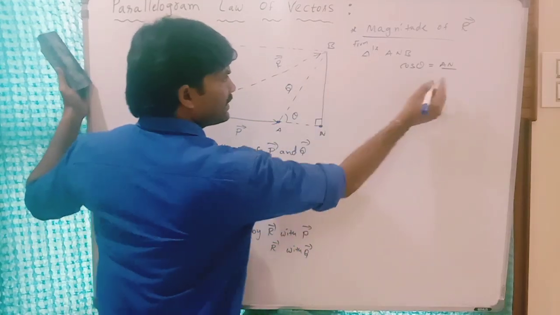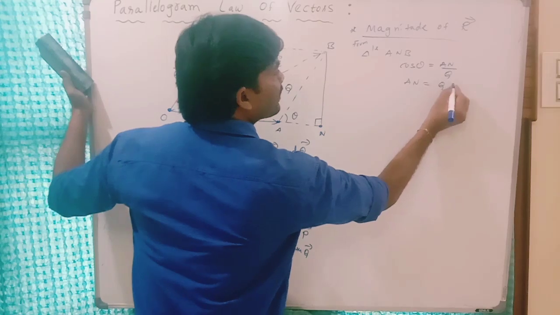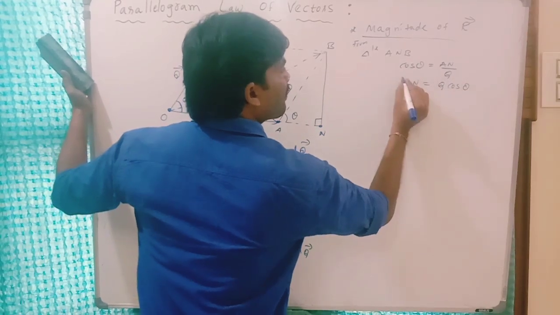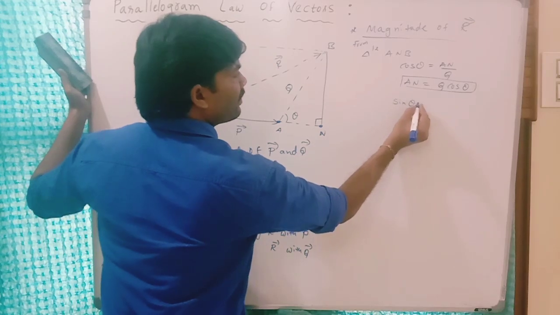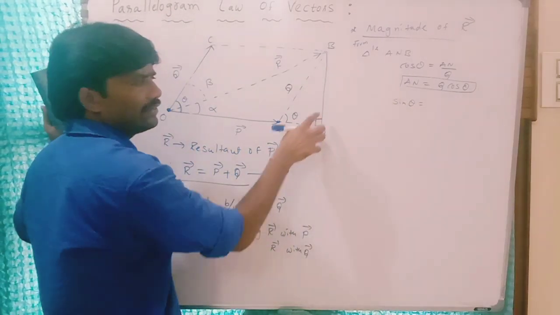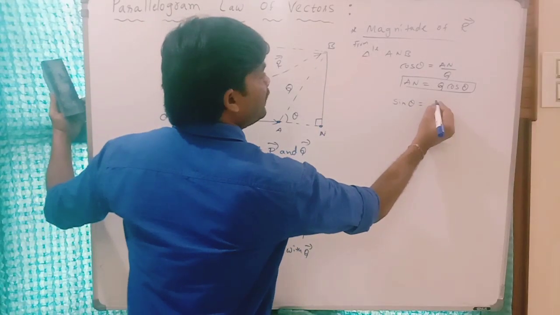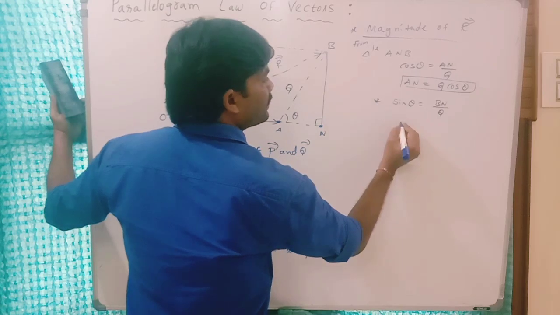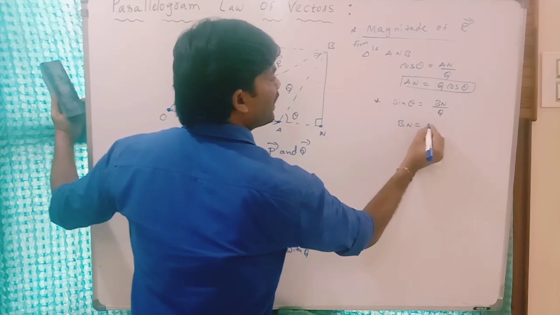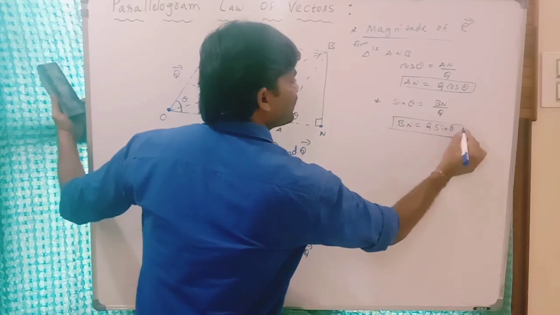The hypotenuse is Q, so AN equals Q cos theta. And from the same triangle, sin theta equals opposite side by hypotenuse, so that is BN by Q. So BN equals Q sin theta. I think up to this it is clear.